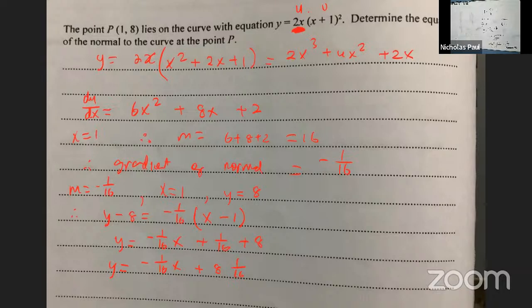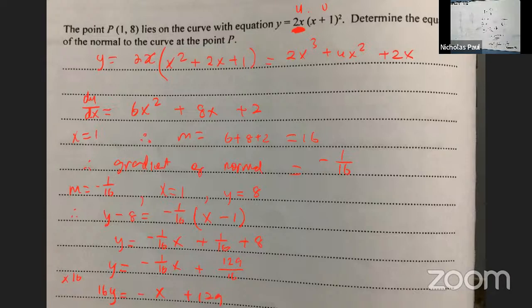What's 8 on 16? 129 over 16, right? And then multiply everything by 16. Oh, crap. You know, when I want to do a screenshot, it doesn't work. So if you multiply everything by 16, you'll get 16y is minus x plus 129. All right. Okay, good.